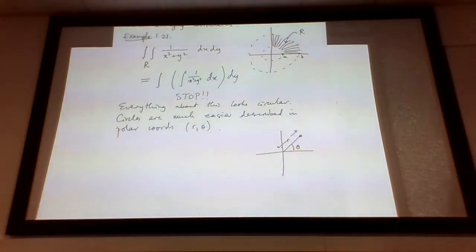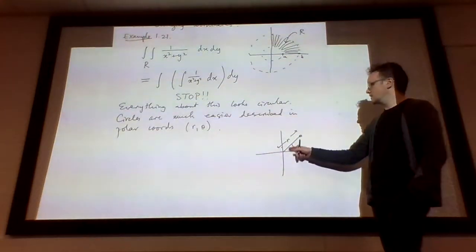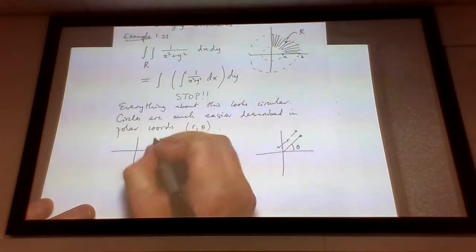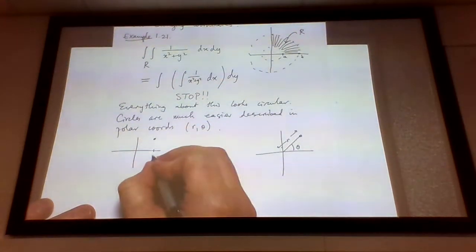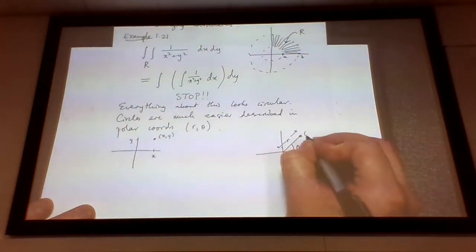Okay, so r is the distance from the point to the origin, theta is the angle that the radius line makes with the x-axis, and that's how you locate a point in polar coordinates. How you locate a point in Cartesian coordinates is you give the x-y coordinates of the point.